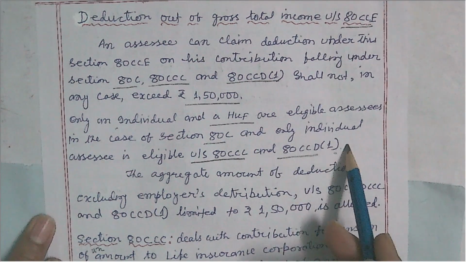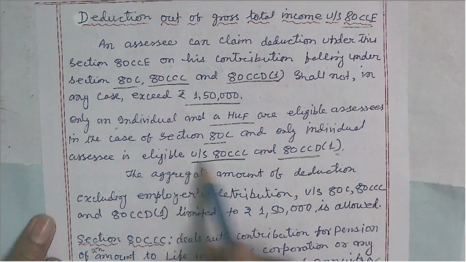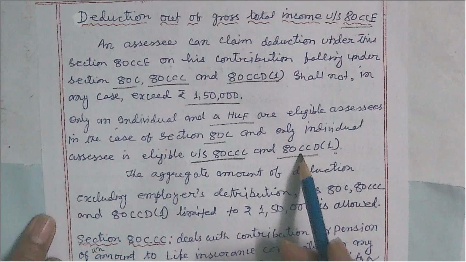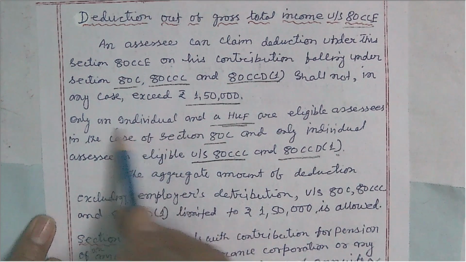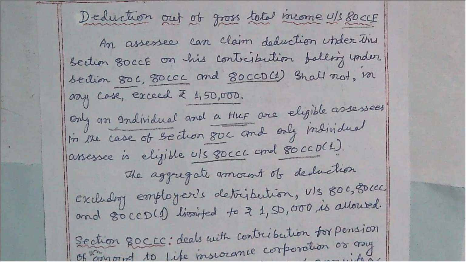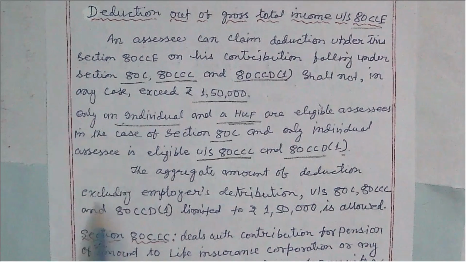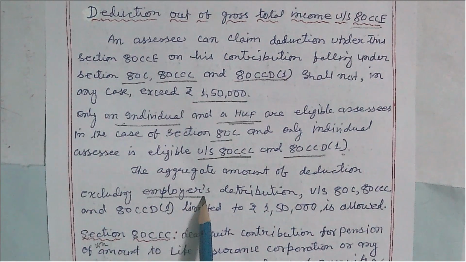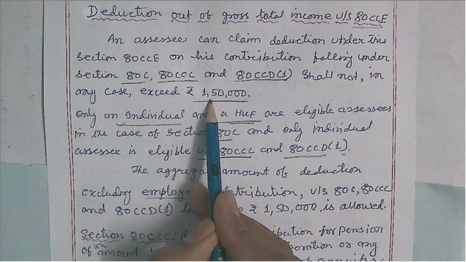That means a Hindu undivided family is not eligible to claim deduction under these two sections, but under section 80C both a Hindu undivided family and an individual assessee are eligible to claim deduction out of gross total income. Here the aggregate amount of deduction is excluding employer's contribution. Employer's contribution is not taken into account while calculating this 1,50,000.